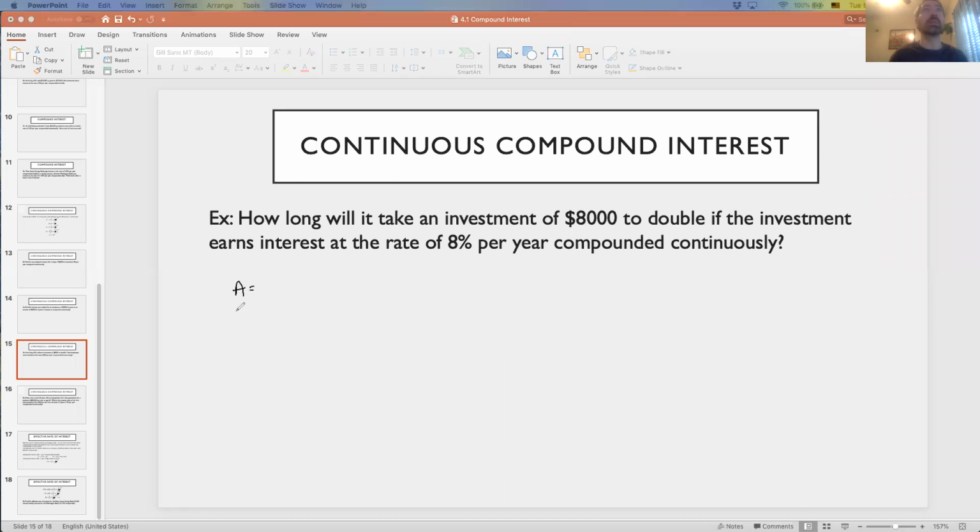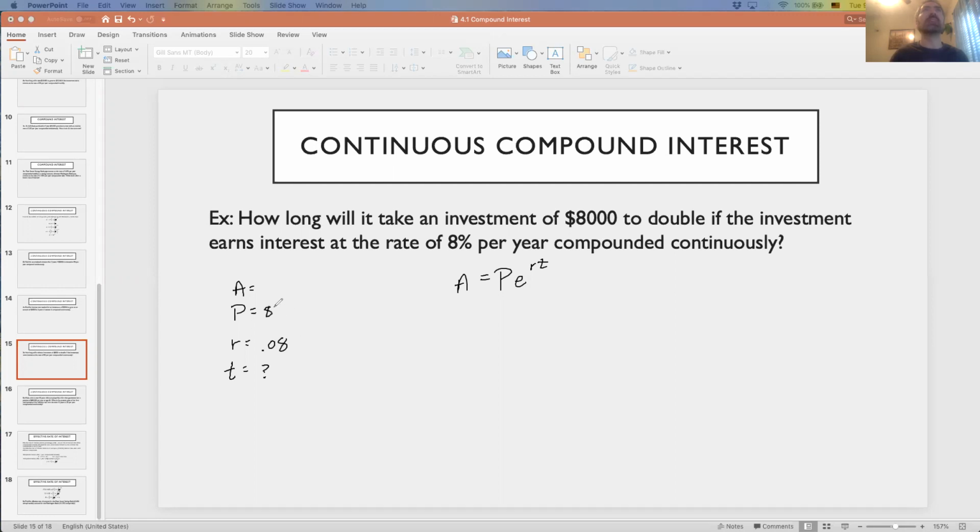So we're compounding continuously, so we're using this A equals P times e to the rt. Identify the variables. We're trying to find how long it will take. We want to find t. The rate is 8%, so 0.08.